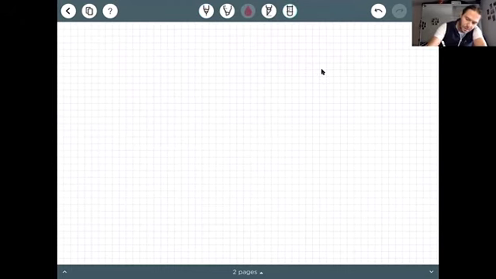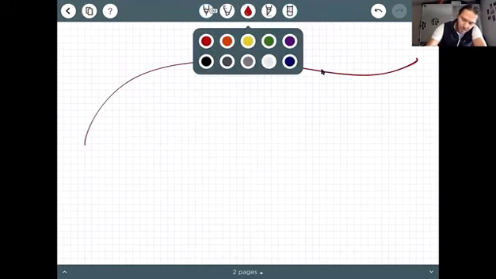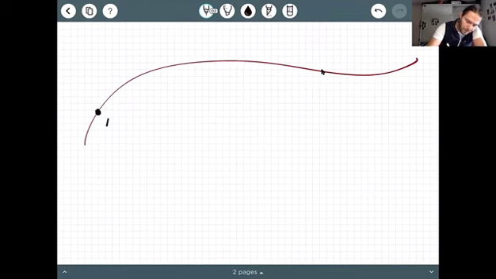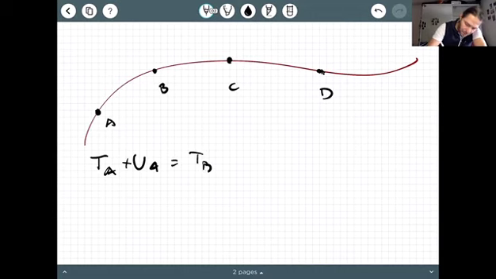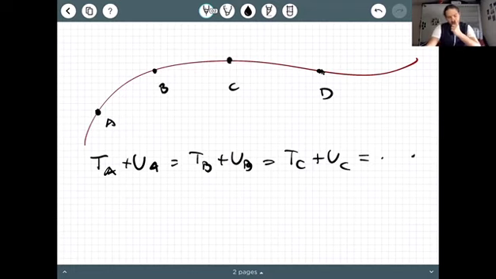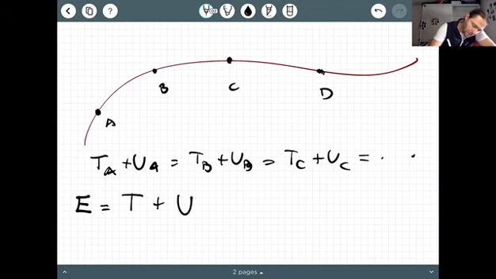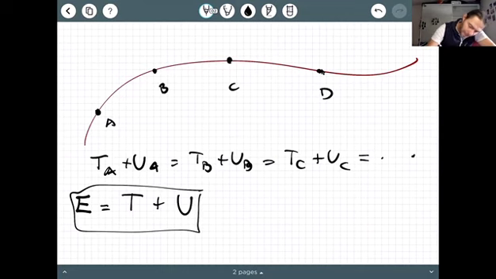So I have my particle moving here. If I start with the particle at point A, let me call this point B, let me call this point C, let me call this point D. And what I am going to have is that TA plus UA is equal to TB plus UB, is equal to TC plus UC, and so on and so forth. So the quantity E, the sum of kinetic plus potential energy, is called mechanical energy.